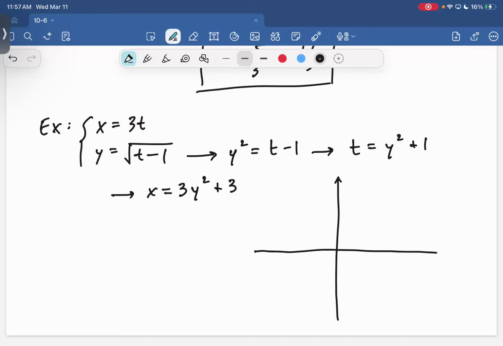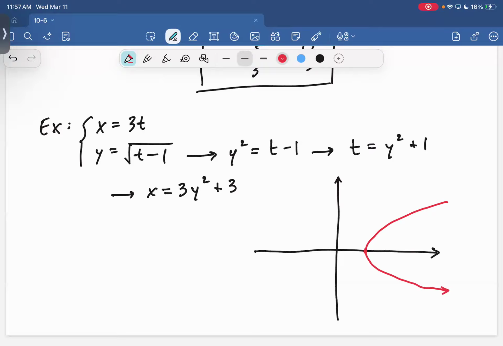So does anybody know where the vertex of this parabola is? It's a horizontal parabola, right? It's horizontal and it opens right, and the vertex should be at 3, 0. Correct? So we might be tempted to just draw this as our parabola and be done with it.